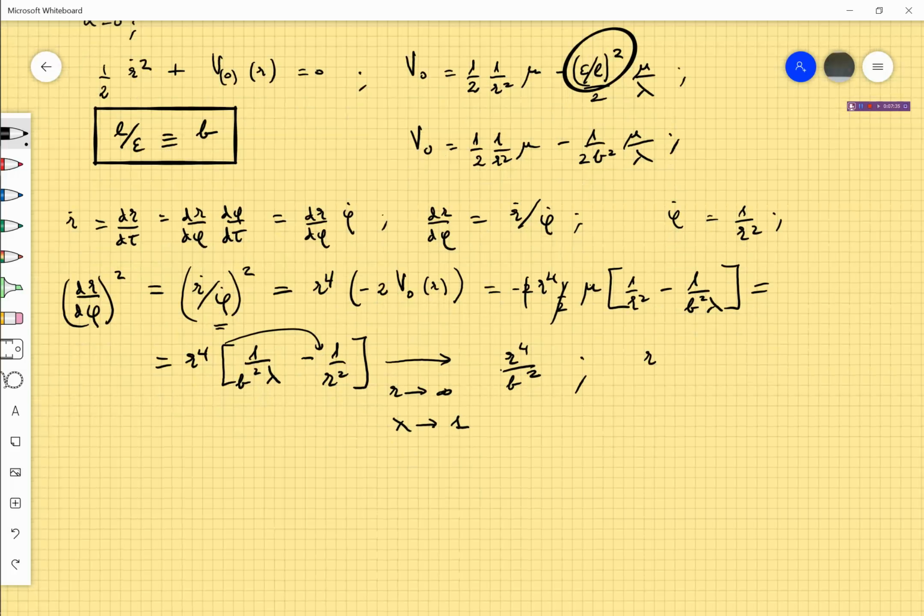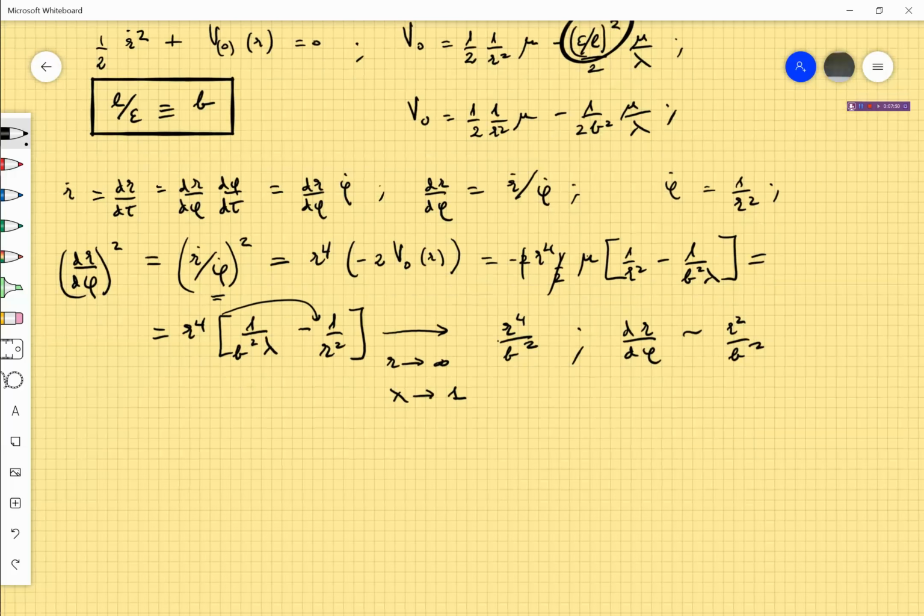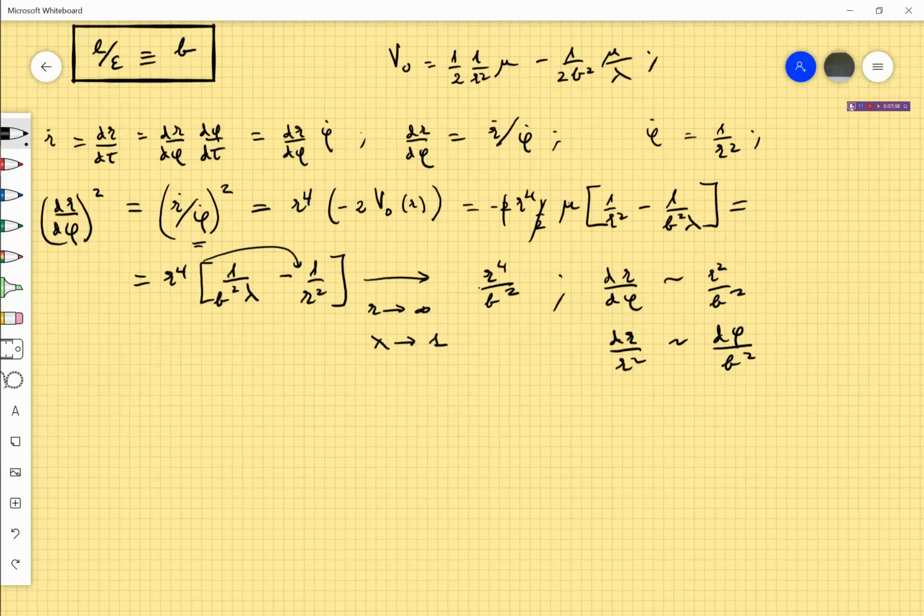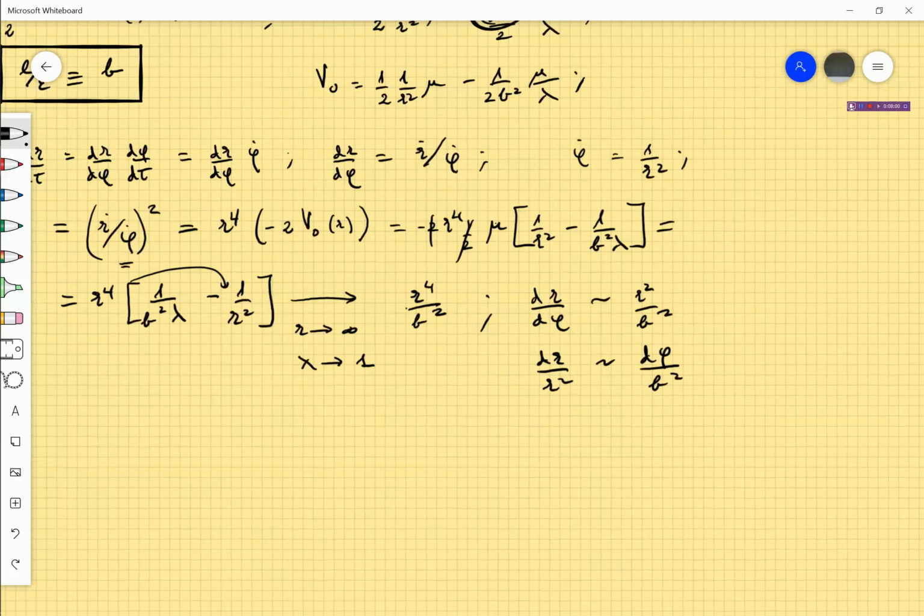What you find is that you take the square root, so this goes like r squared divided by b squared, the d phi divided by b squared, and this gives you minus 1 over r, and this like b divided by b squared.